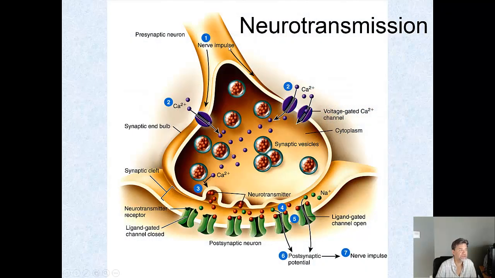And you've seen this picture before. Neurotransmission, just to refresh our minds, is an action potential arriving at the presynaptic axon terminal. The voltage opens voltage-gated calcium channels. The calcium floods in. Calcium activates proteins in the presynaptic terminal that will usher the vesicles to the membrane of the presynaptic terminal.